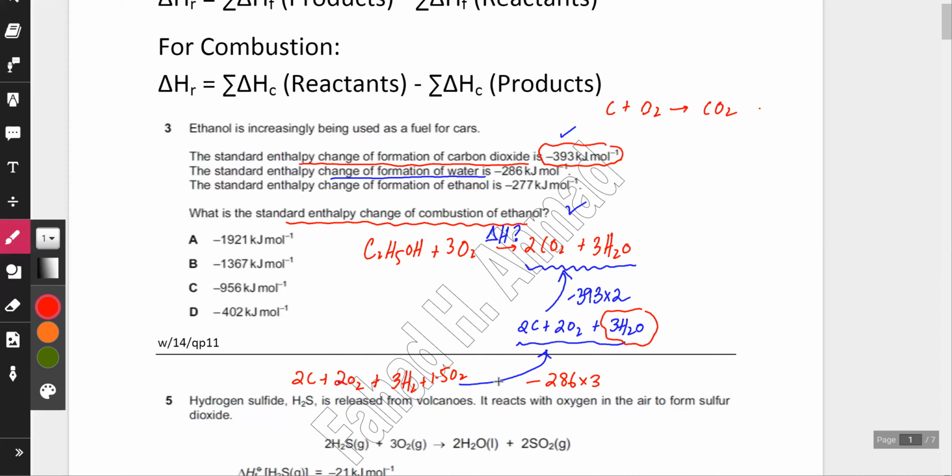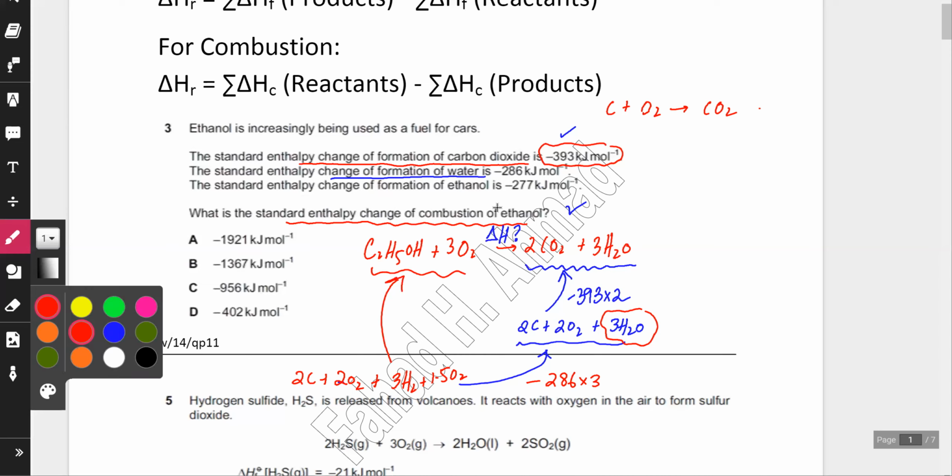And so now the last thing that they're giving us is the standard enthalpy change of formation of ethanol. So ethanol over here would be formed from its elements. These are the elements for forming ethanol. And the value for that is minus 277, right? So I've been able to create this other path.